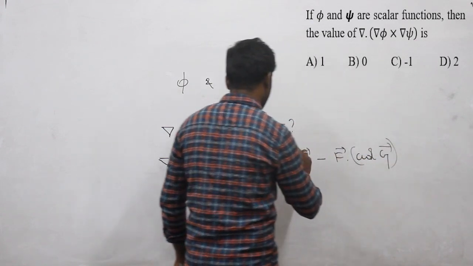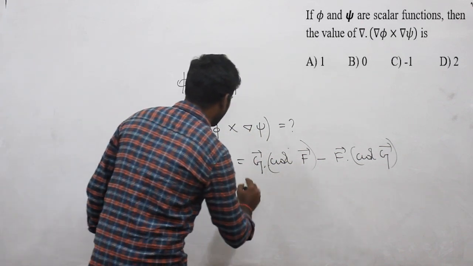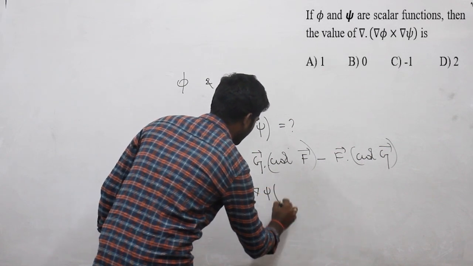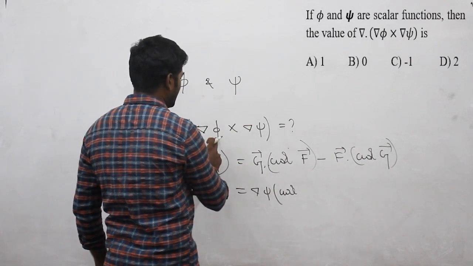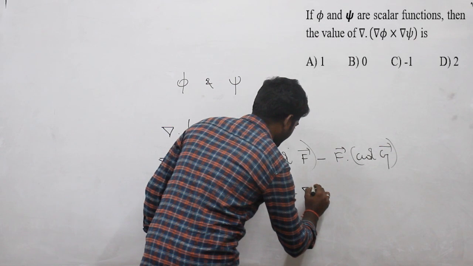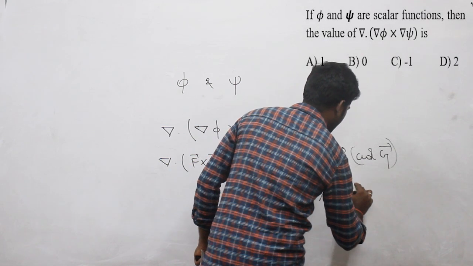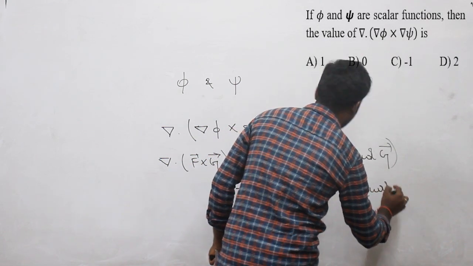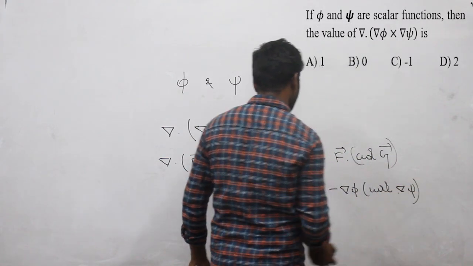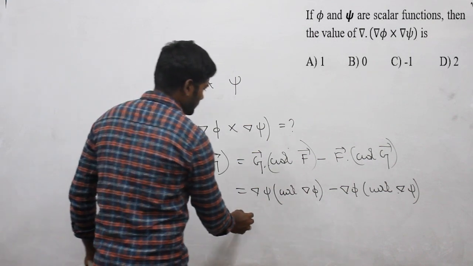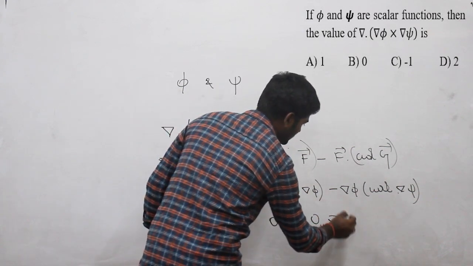So now instead of g we have del psi, so del psi into curl of f vector, where f vector is del pi, minus f vector, here del pi, into curl of g vector, where g vector is del psi. Right? So the value of this is equal to 0 and this also becomes 0. So answer is 0.